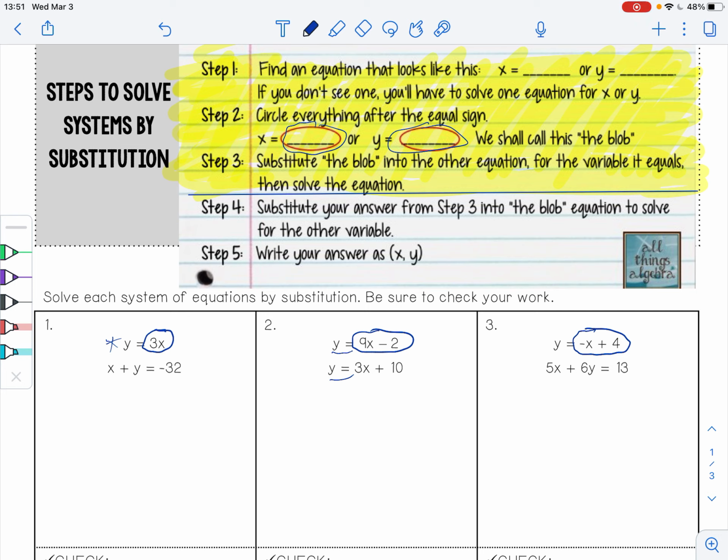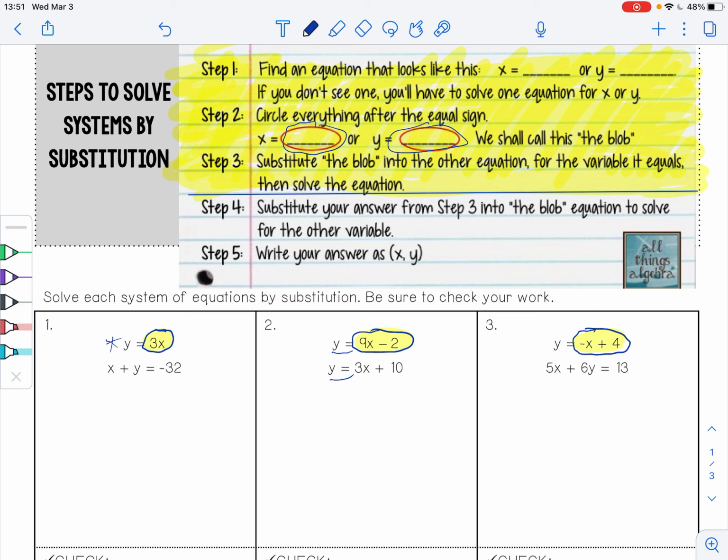Okay, the third step is to substitute the blob, and we're going to call the blob the stuff that we just circled. The stuff inside the circle, that's the blob. And we're going to substitute it into the other equation. Think about what substitute means: we've got one thing and we exchange it for another.